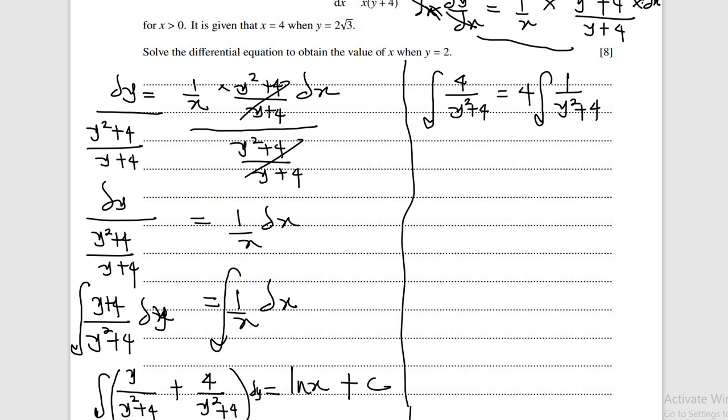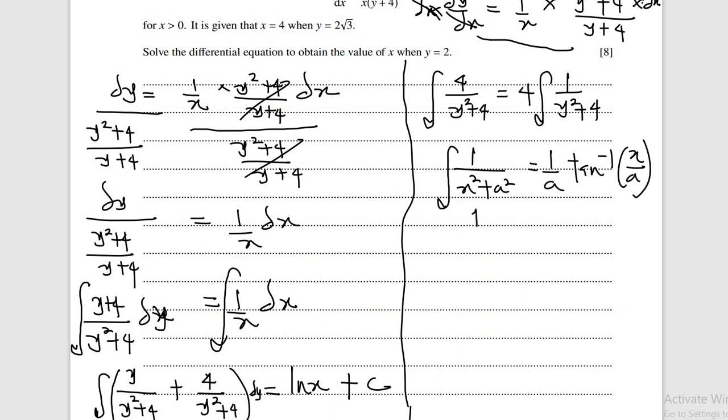When you check your MF19, you see an integral like this. When you integrate 1/(x² + a²), we have 1/a arctan of x/a. It's at the back of the MF19.